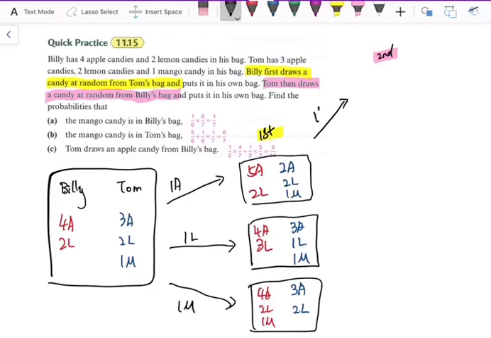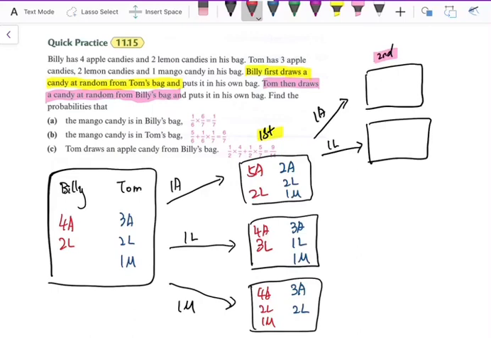So what can Tom do? Tom takes from Billy, so he can take apple flavor or lemon flavor, because Billy only has apple and lemon flavor, right? So same case, we write down all the possible outcomes here. If he takes out 1 apple, that means Billy loses 1 apple, but Tom gains 1 apple.